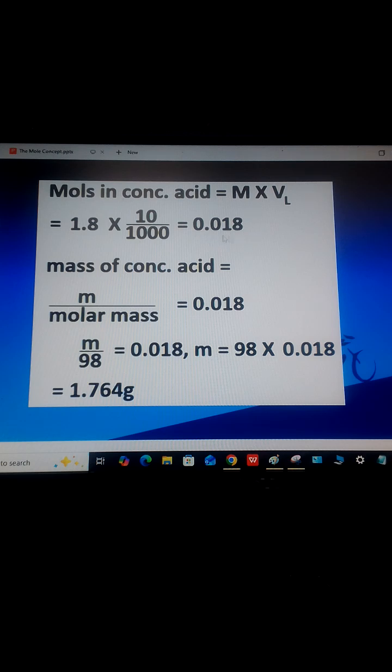This is the number of moles in the concentrated acid. Now, since we have got the moles in that concentrated acid, we can get the mass, because we know that the mass of a solute divided by the molar mass gives the number of moles. So we need the molar mass of the acid.